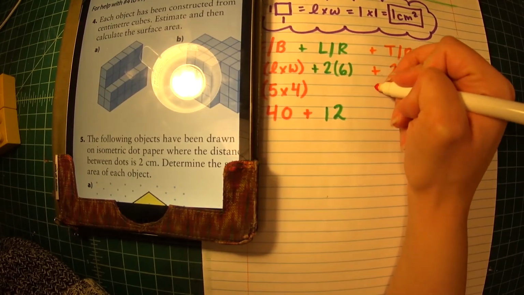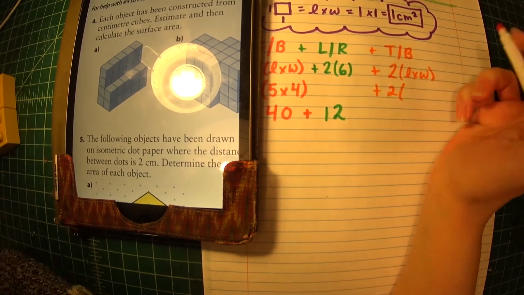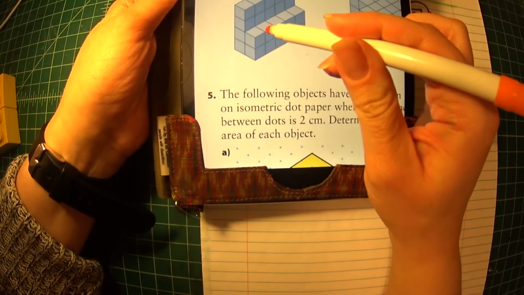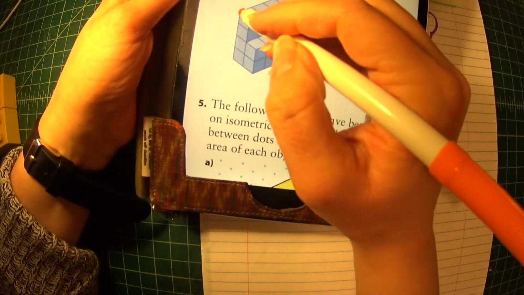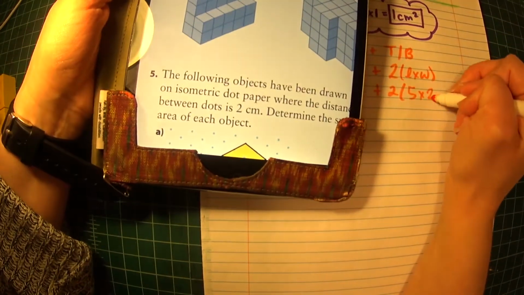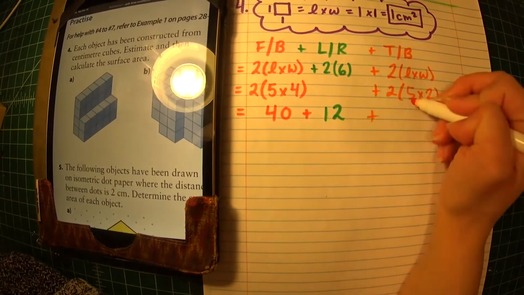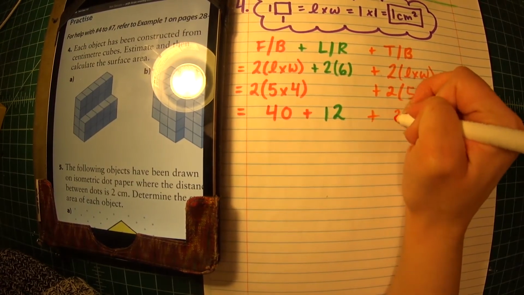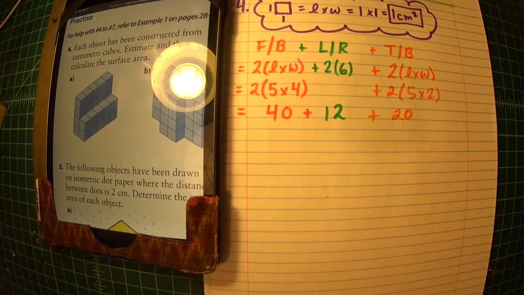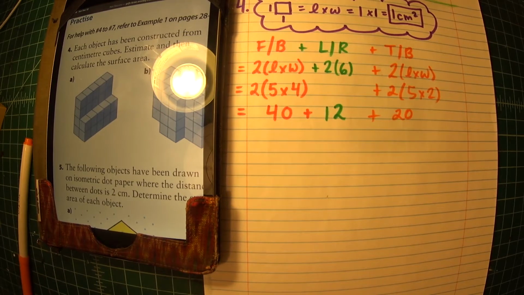Okay, so let's take a look. That's going to be length 1, 2, 3, 4, 5 by the width 1, 2. 5 times 2 is 10. 10 times 2 is 20. Okay, so that accounts for every single face on this shape.